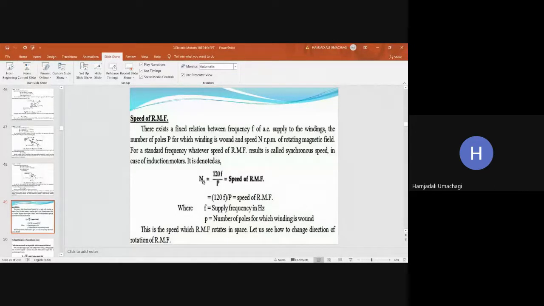The synchronous speed is all the time constant, and its formula is Ns equal to 120 f by P, where Ns stands for synchronous speed, f stands for supply frequency in hertz, and P stands for the number of poles for which the winding is wound. So this is the speed formula for the rotating magnetic field.